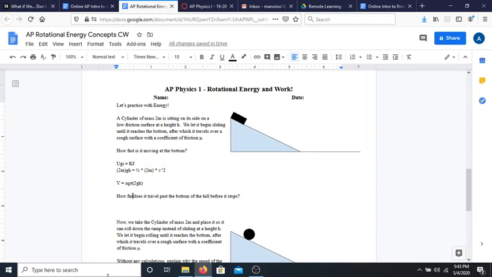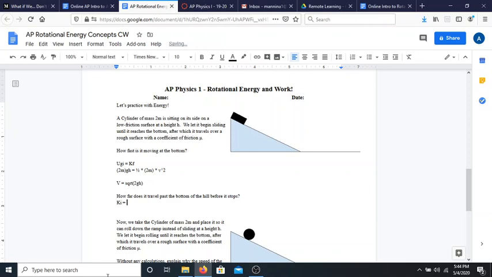All right. Now, the second question: how far does it travel past the bottom of the hill before it stops? I suggested using work to solve that. Remember, work is force times distance times cosine of theta, but we don't really have to worry about that here. If we rewrite the law of conservation of energy, this time we're at the bottom of the hill, so our starting energy is just kinetic.